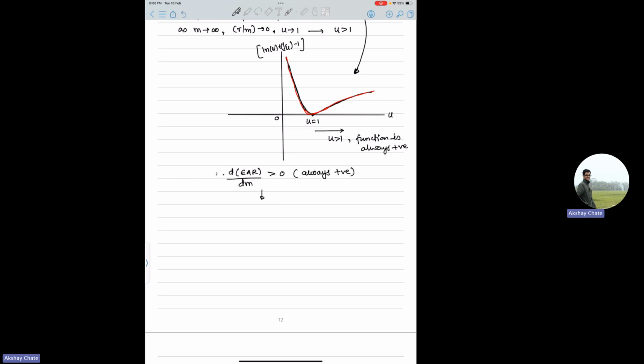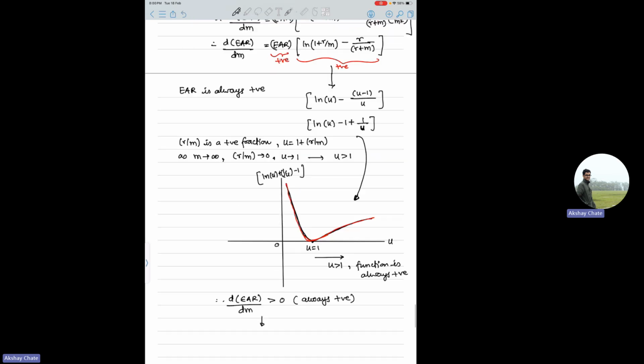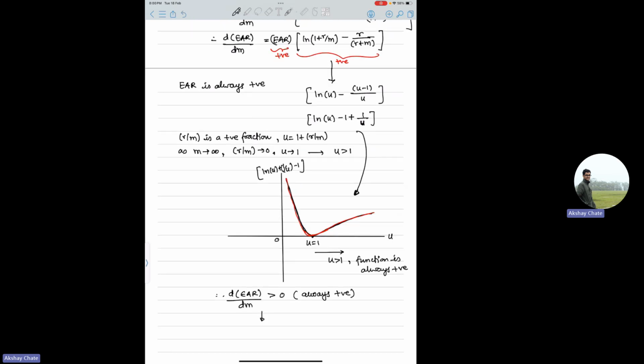So in that case, the conclusion that I wanted to make, I thought the differentiation is easier, that's why I did that. But as it turns out, it's not the easy differentiation, it's quite a lengthy one. And you can take this ln of U minus 1 plus 1 by U as a separate function. You can do differentiation, equate it to 0.